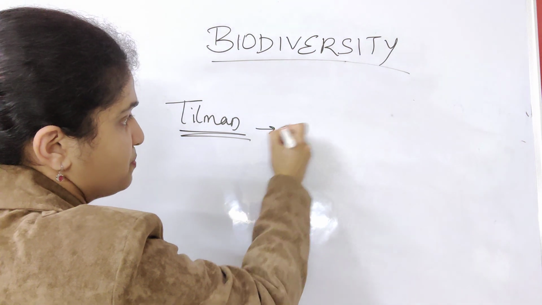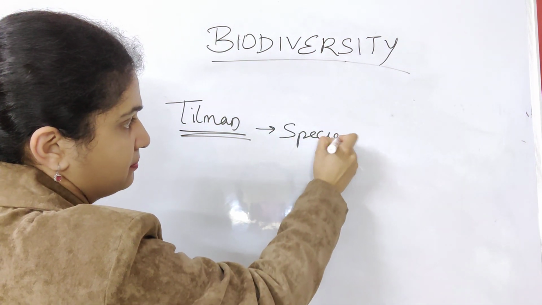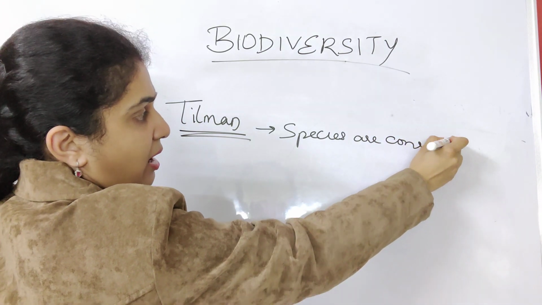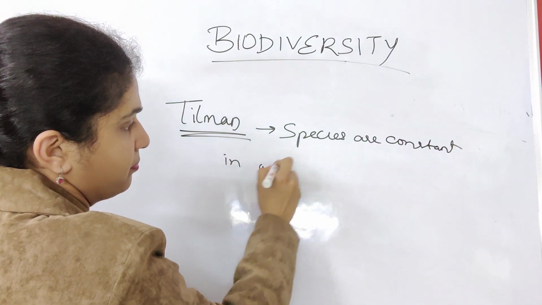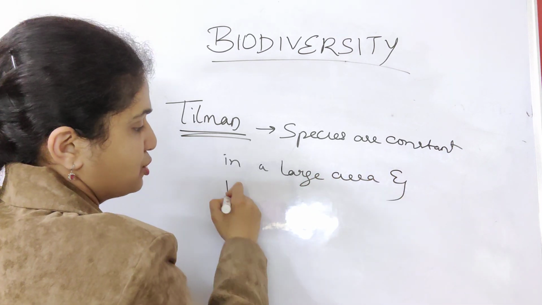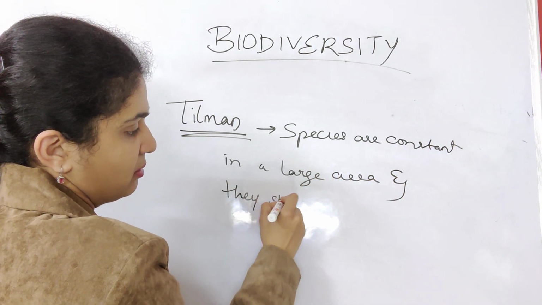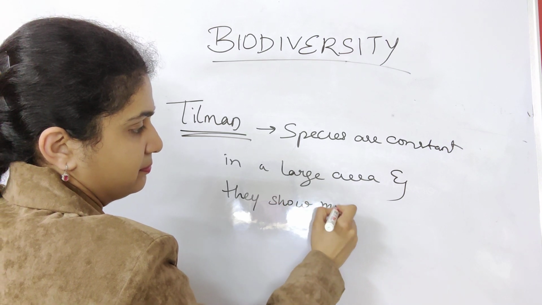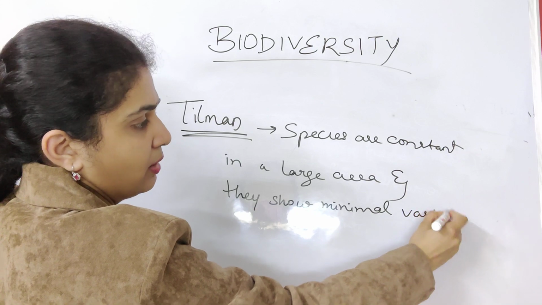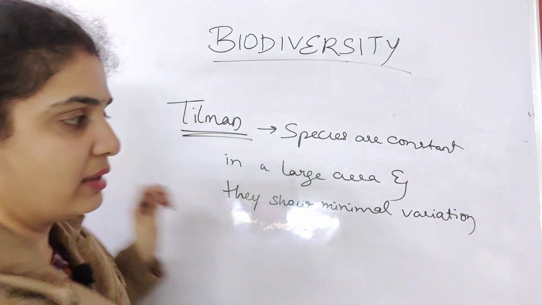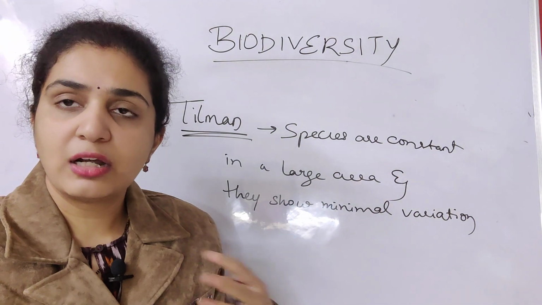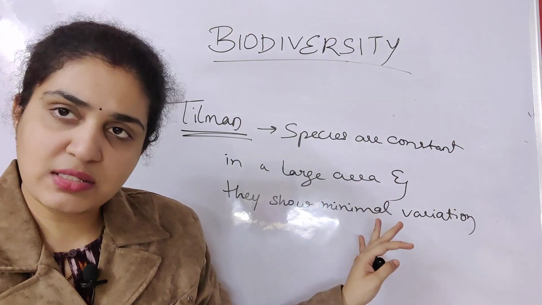He is saying that species are constant in a large area and they show minimal variation. So Tillman told like that. Who told that the species will show yearly minimal variations? Tillman.